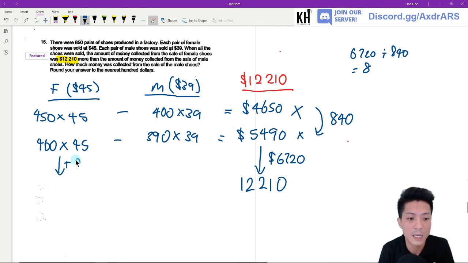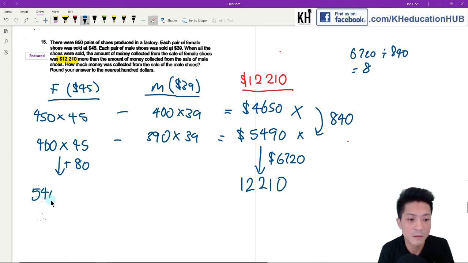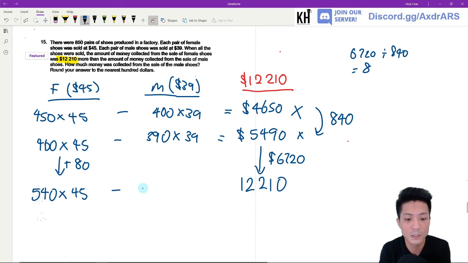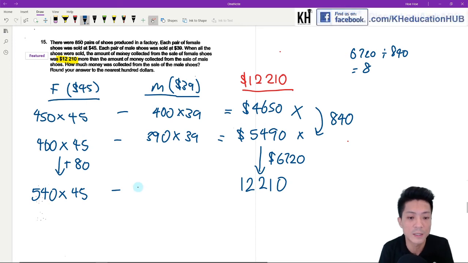I need to add another 80. That will give me 540 pairs of female shoes and 540. 850 minus 540 will give me 310.